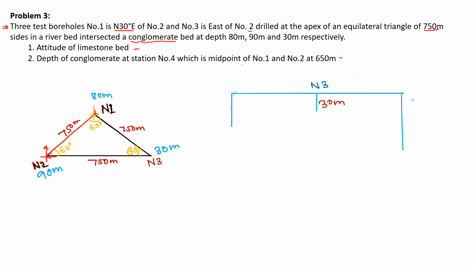Then we have the next level as 80 meters, and the value for that is N2. And then we have N1, this 80 is N1, and N2 is 90 meter, which is the highest.